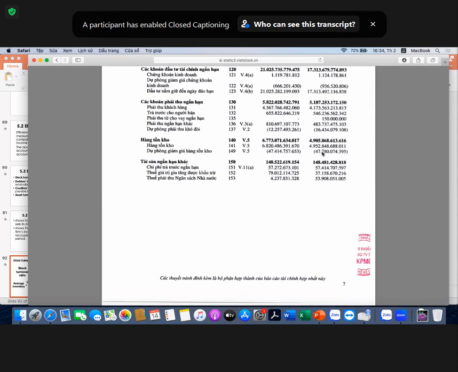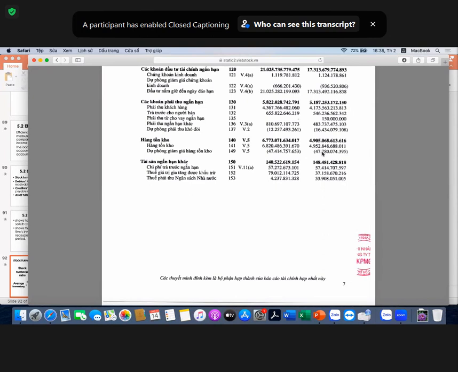What does it mean? It means that in 2021, 5.93 times the investment in inventory is recouped during the accounting period.